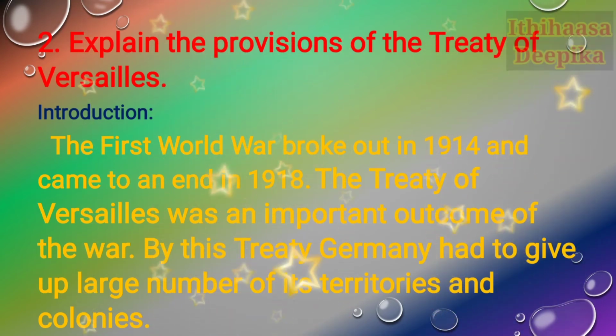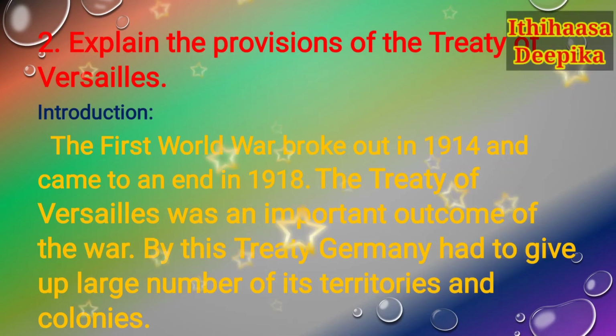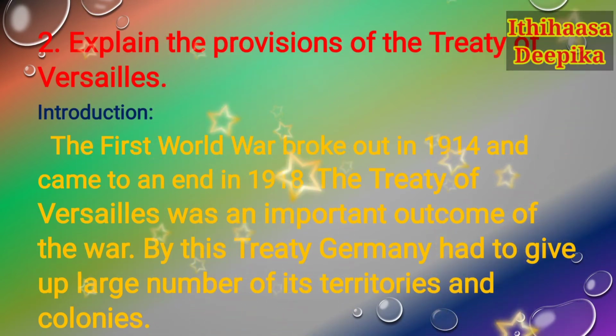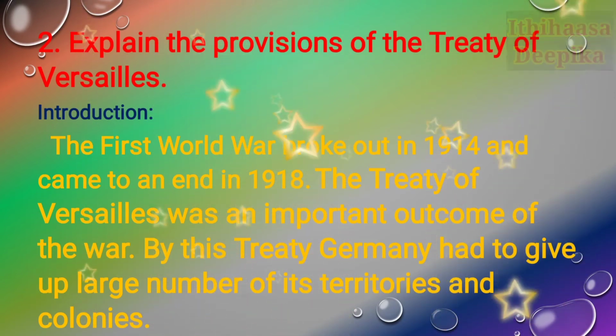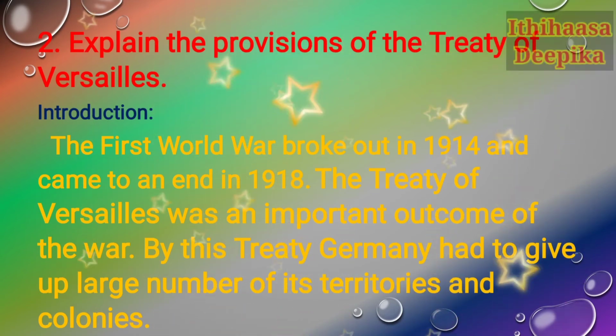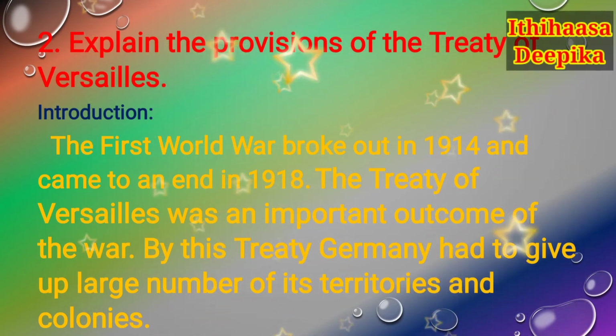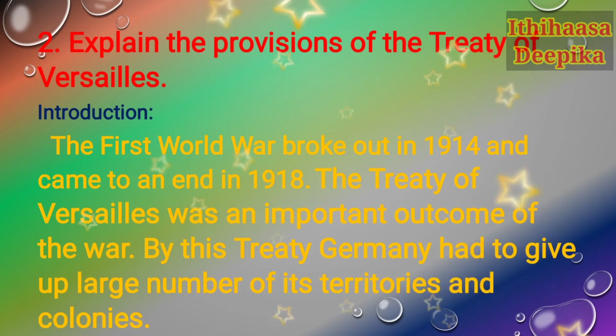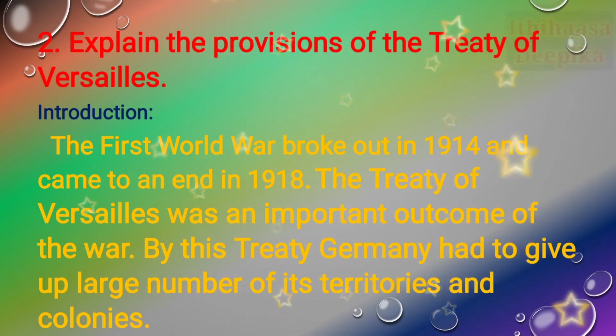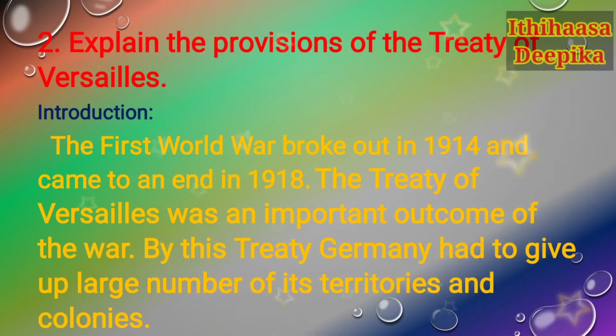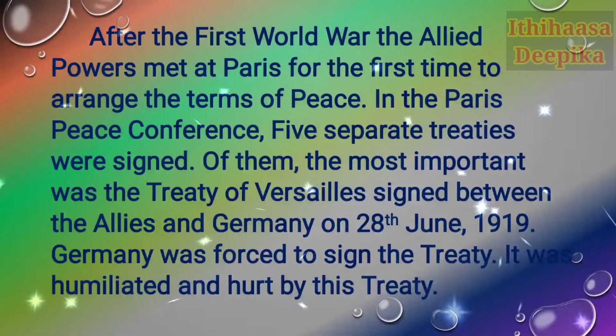By this treaty, Germany had to give up a large number of its territories and colonies. The Treaty of Versailles was signed in 1919 against Germany.